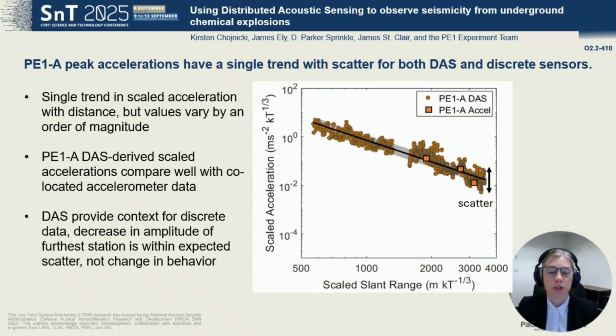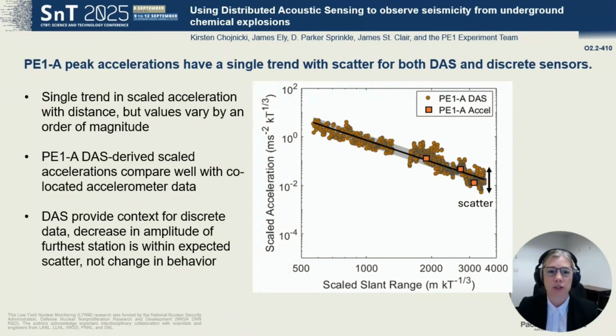The DAS results for PE1A reveal a single trend in the reduction of scaled acceleration with distance, but with an order of magnitude variability in the measured values for the single source type. This scatter may stem from a combination of factors, such as localized variations in instrument response and side effects, which will be further explored in future work by analyzing complete waveforms rather than simply peak values.